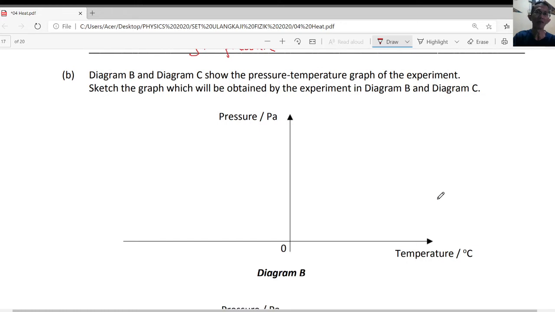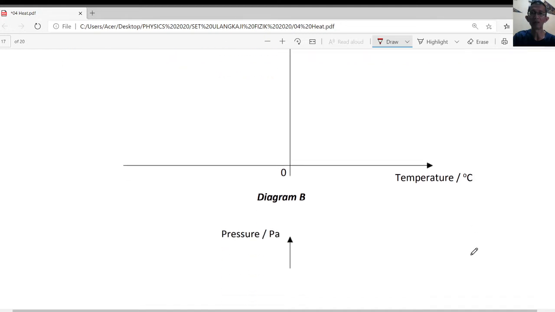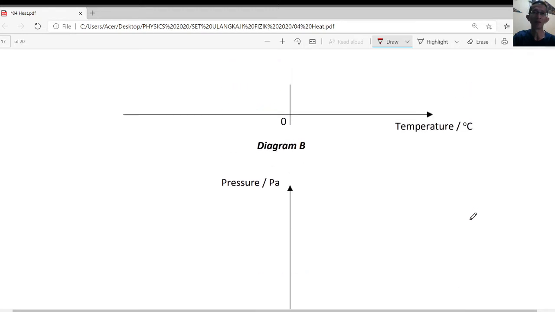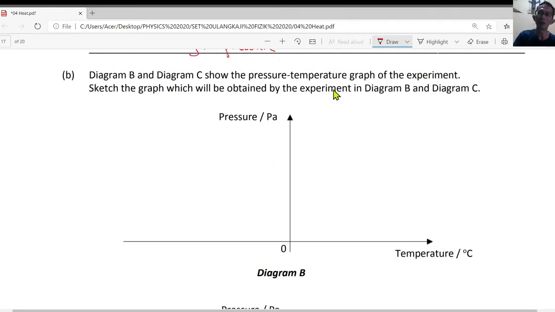Diagrams B and C show the pressure temperature graph. In diagram B, I have pressure against temperature in degrees Celsius. In diagram C, I have pressure against temperature in Kelvin. Remember our universal gas law: P1 V1 over T1 equals P2 V2 over T2.